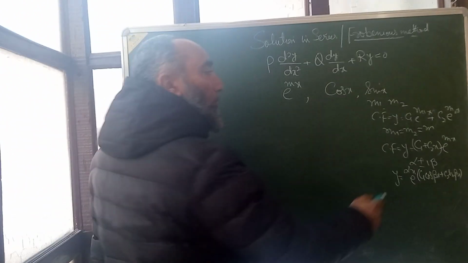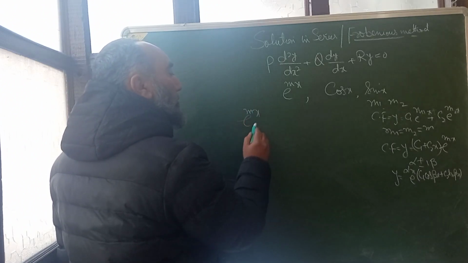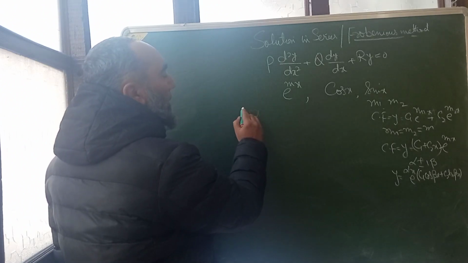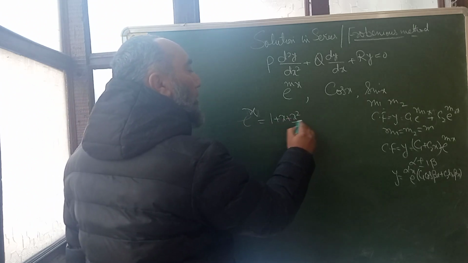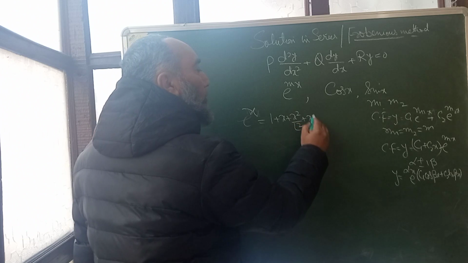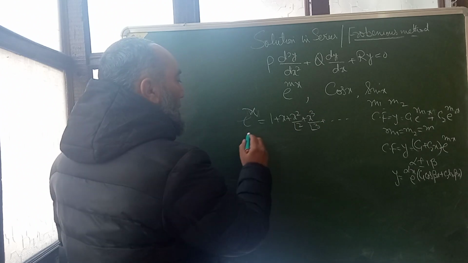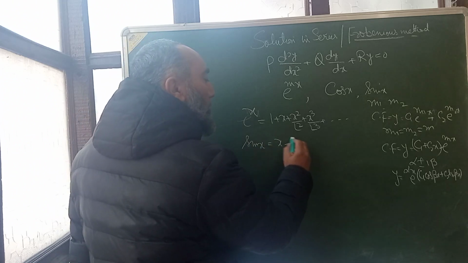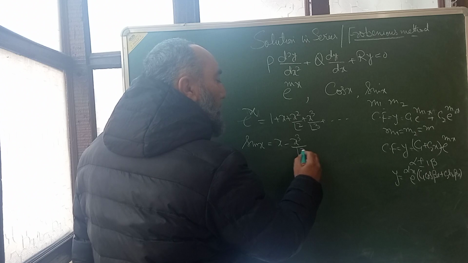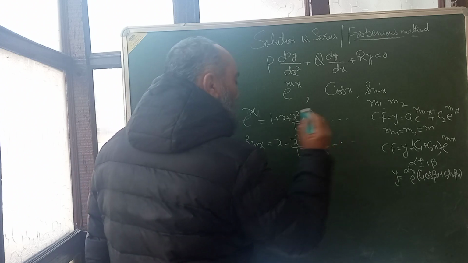Now, let me tell you, e to the power x is 1 plus x plus x square by factorial 2, plus x cube by factorial 3, and so on. Sin x can be written as x minus x cube by factorial 3 plus x5 by factorial 5, and so on.